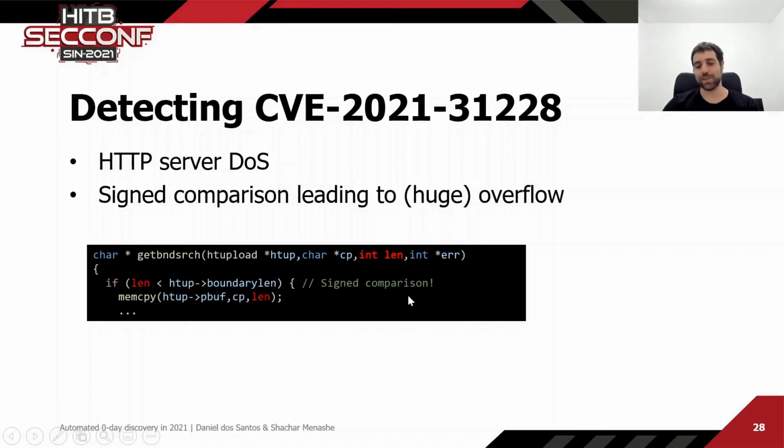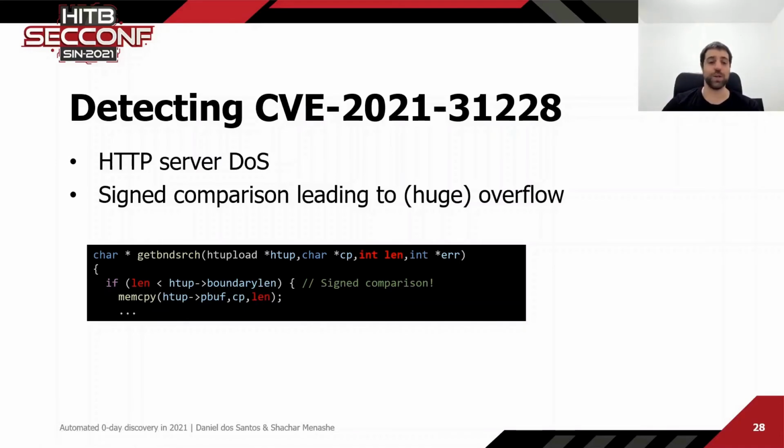So the source here was detected via the score-based method that I showed earlier. This is actually the same function that I showed earlier. Here, the score was high because of two factors. There are HTTP strings here.